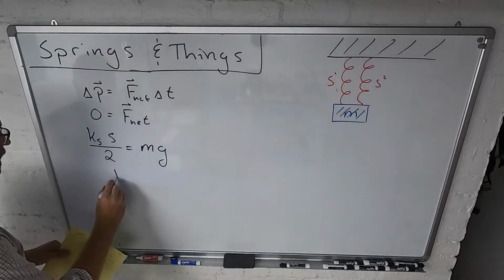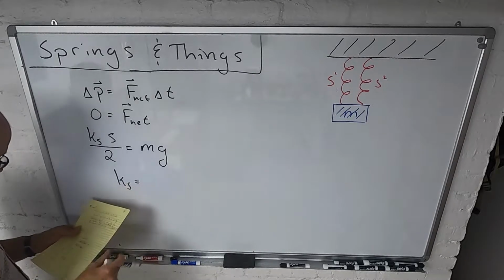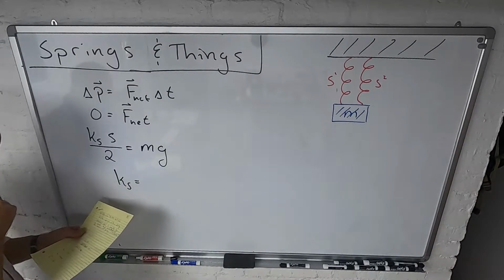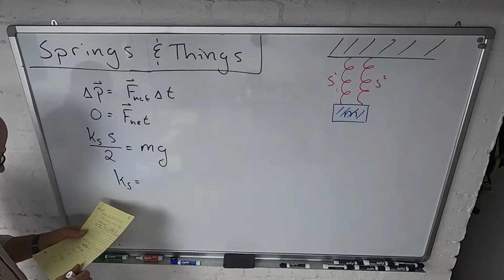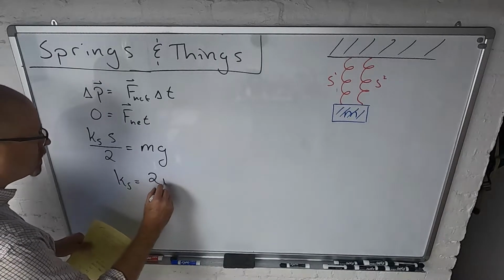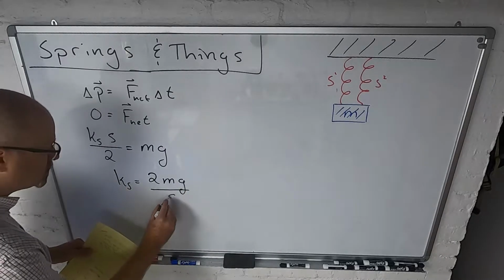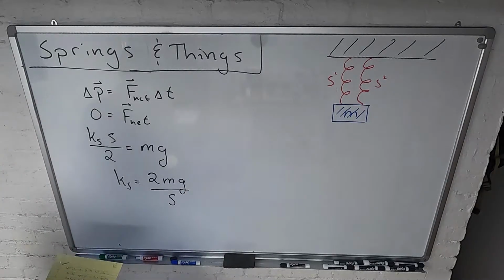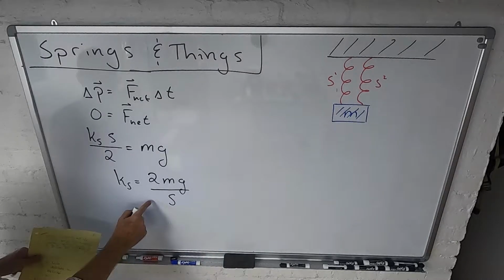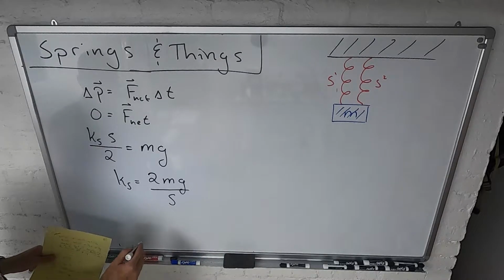And so Ks, the effective spring constant, is going to look like 2 mg over s. And so for a single spring, it would actually be twice the distance.